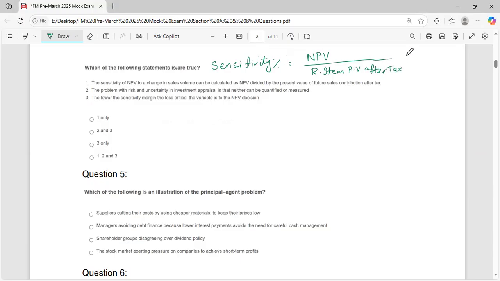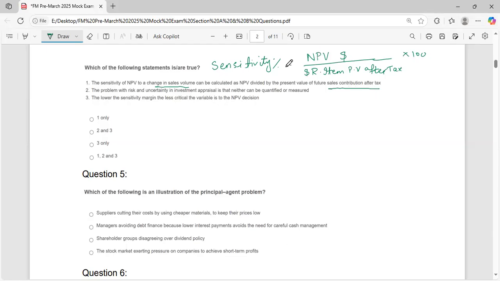Relevant item means if you are calculating percentage change in the sales volume, you will say net present value divided by present value of sales contribution after tax. If you are calculating percentage change in selling price, then you will say net present value divided by present value of sales revenue after tax.